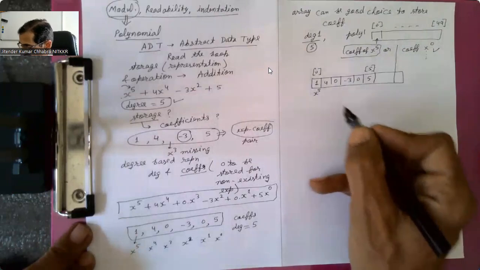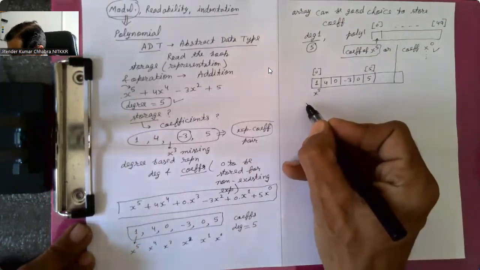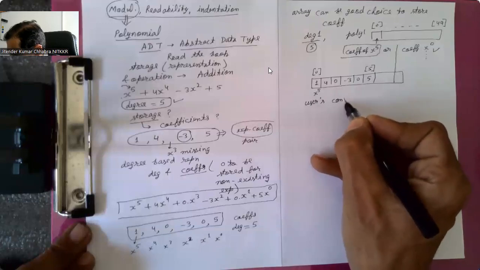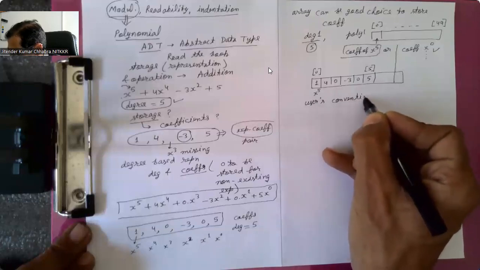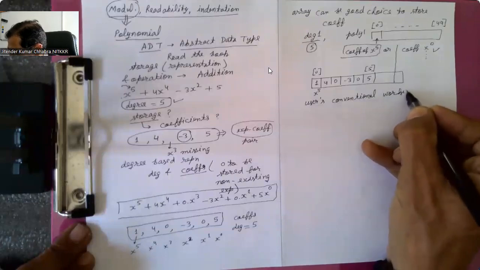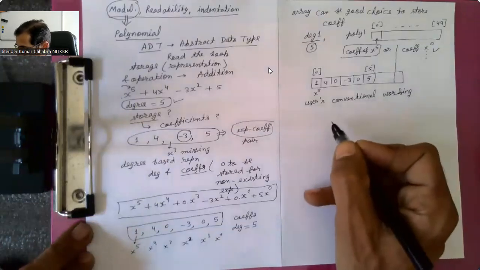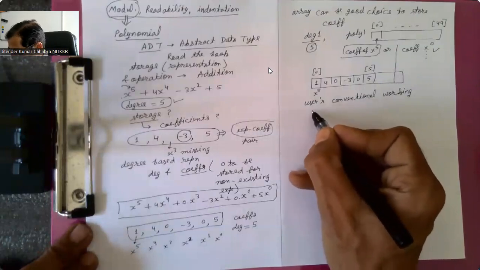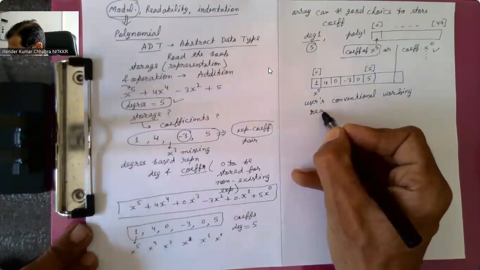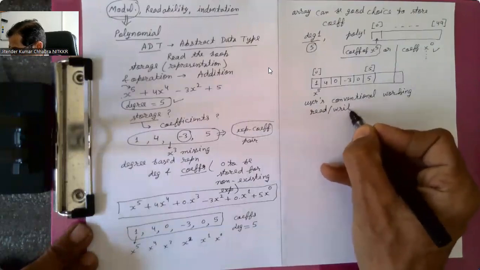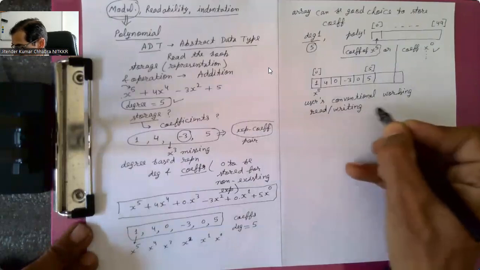We have to always keep in mind that a user's conventional working should not be disturbed at all. The user's conventional working is that we always read or write, in mathematics, our polynomials in the decreasing order of exponents.